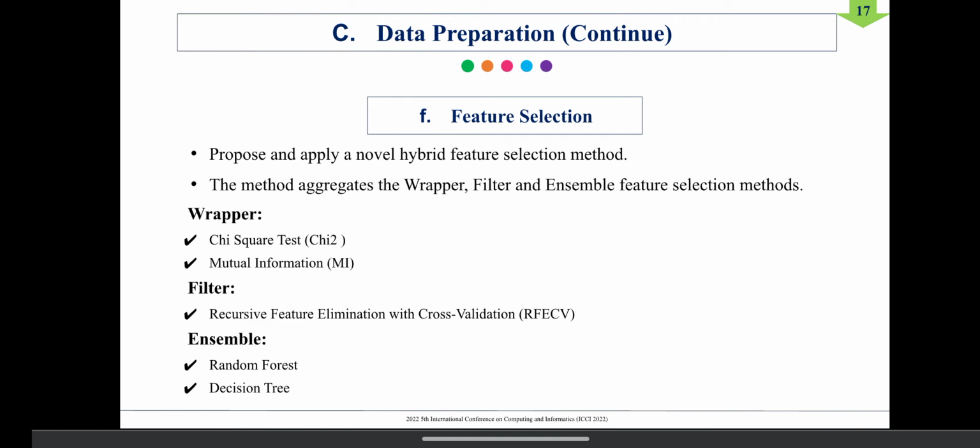Feature selection. We propose and apply a novel hybrid feature selection method which aggregates the wrapper, filter, and ensemble feature selection techniques. Here, chi-square test and mutual information have been applied from the wrapper method, recursive feature elimination with cross-validation along with multiple estimators from the filter method, and random forest and decision tree classifier from the ensemble methods.